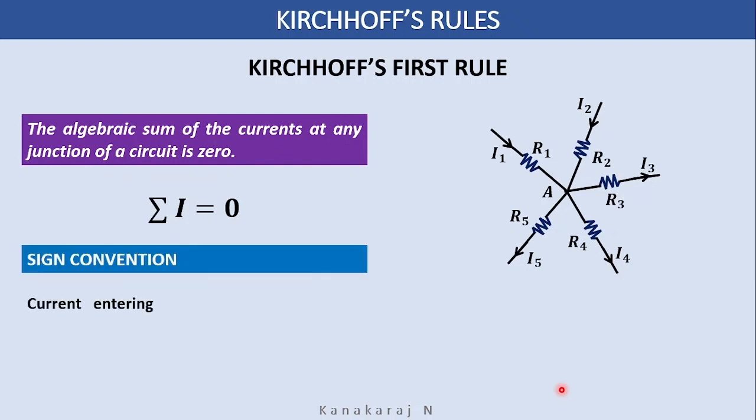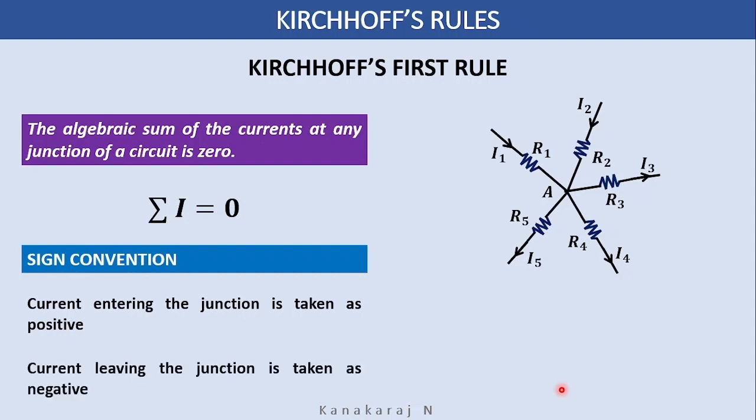Sign convention. Current entering the junction is taken as positive. Current leaving the junction is taken as negative. I1 enters the junction, so it is positive. I2 enters the junction, it is positive. I3 leaves the junction, it is negative. I4 leaves the junction, it is negative. I5 leaves the junction, it is negative.